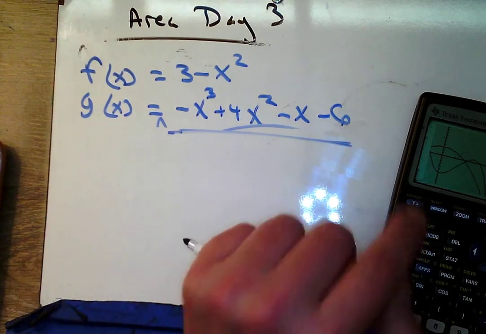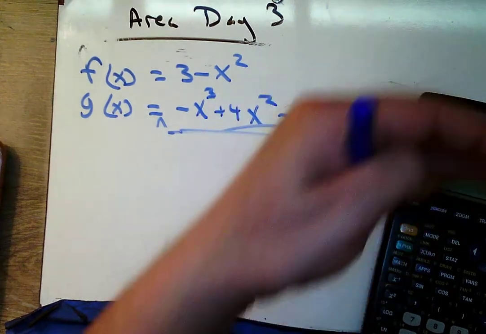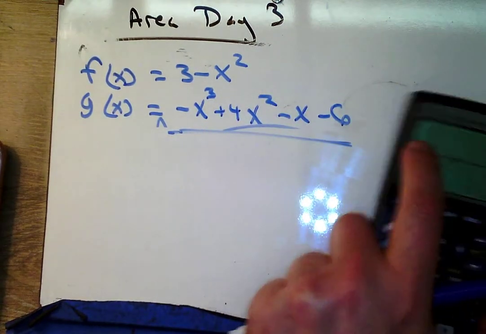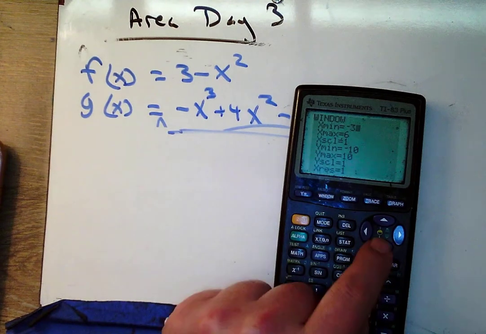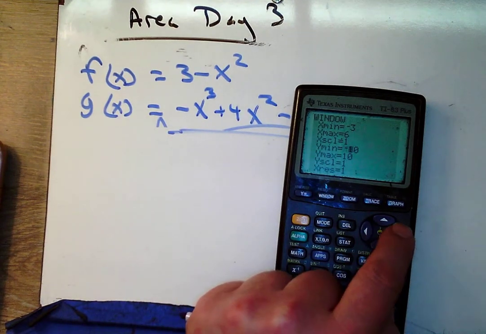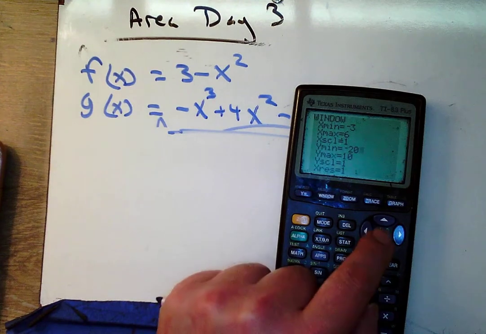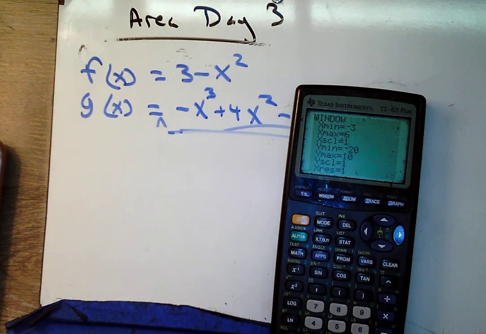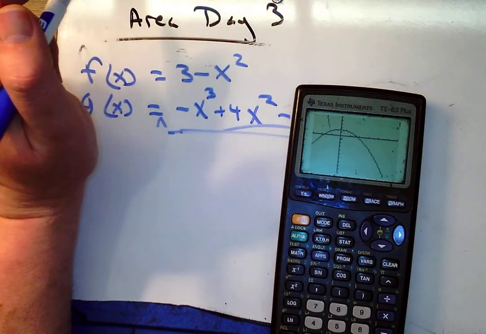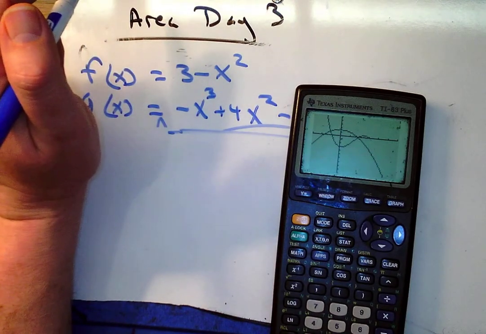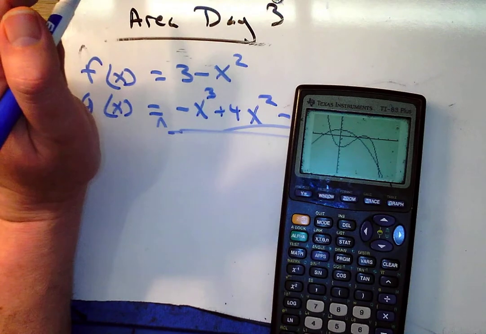It looks a lot like the last one. I need to go a little more to the left, and I need to go a little more down. So I'm going to change my viewing window. How about negative 3, and how about going down to negative 20 in steps of 2? All right.